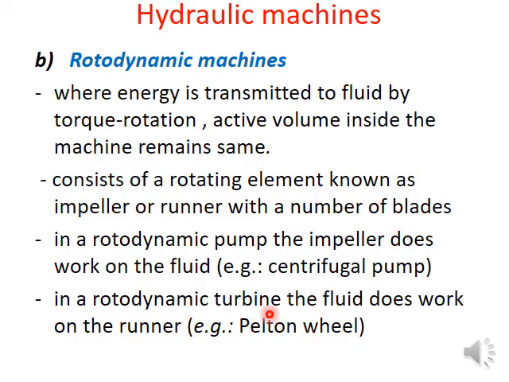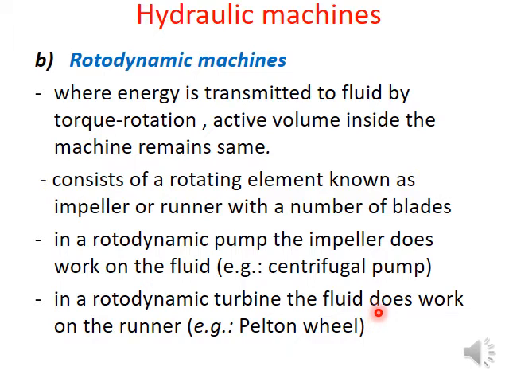In a rotodynamic turbine, it is the other way. The fluid does work on the runner. For example, the Pelton wheel that you have seen maybe in your schools or during your field visits.